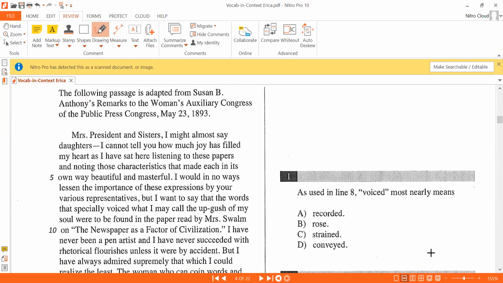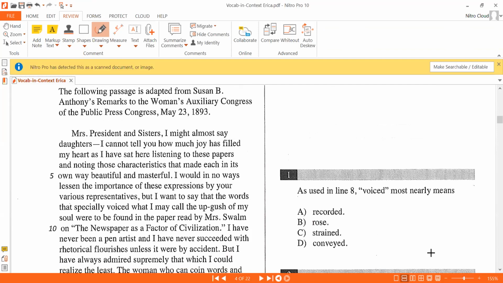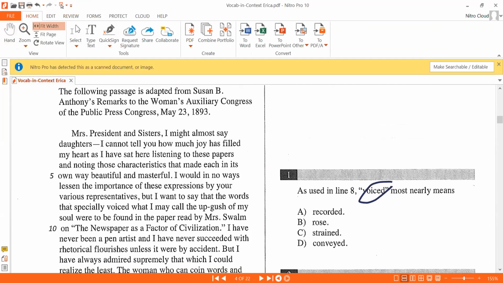Now let's see another example here. As used in line 8, voiced most nearly means. So we're looking for the meaning of the word voiced, and it's line 8. So I'm going to read the whole sentence.